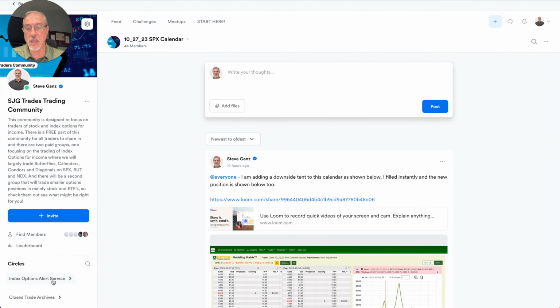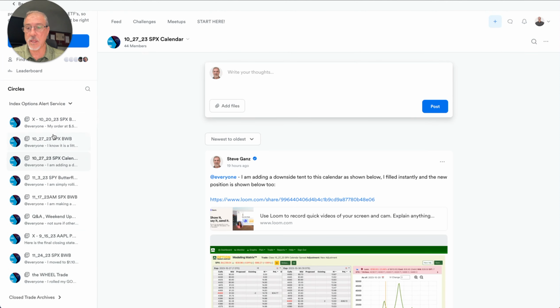One of them is the actual alert service and the trades that are open right now. Some of these trades that have an X in front of them are trades that were closed this week. The others are trades that are open. One of these is just an educational trade, above and beyond the 5, where I'm showing people how to trade the wheel strategy.